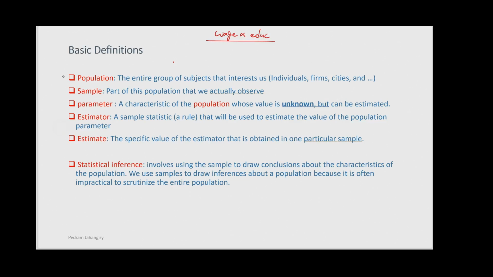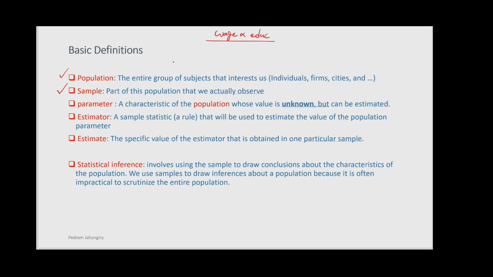So we already know what a population is. Population is the entire group of subjects that interest us, like individuals, firms, cities, etc. In our example here, we're talking about all US citizens for whom we want to collect information on education and wage. Then what is a sample? Sample is the part of that population that we actually observe.